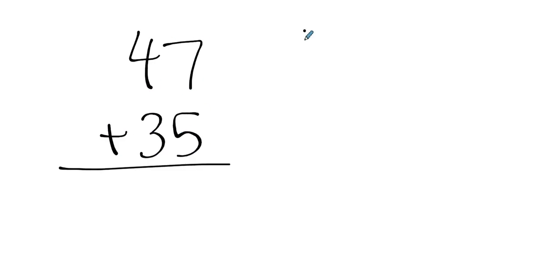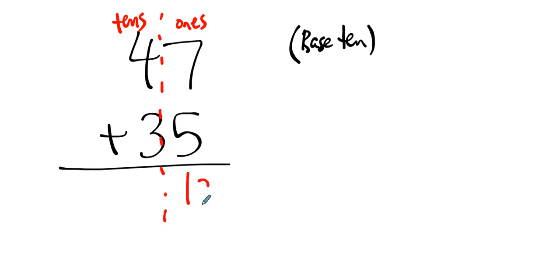And that's what we do. That's how this works. When we add 47 and 35 in base 10, this is the ones place, this is the tens place. 7 and 5, that's 12. But you can't write 12 there. That's not okay.